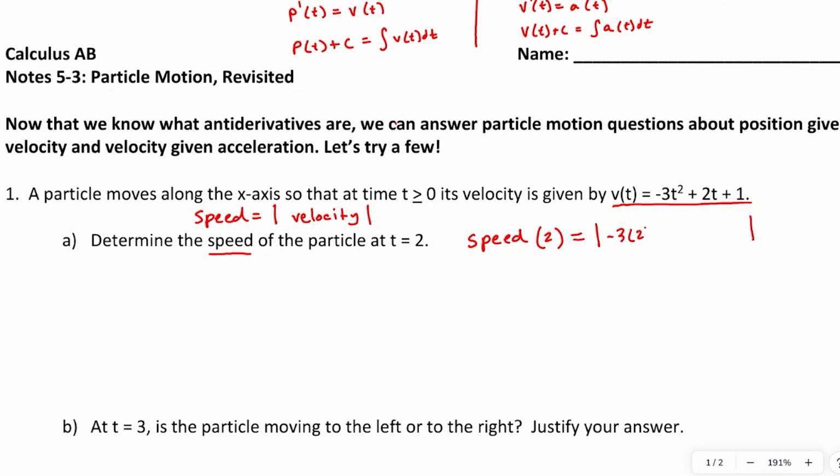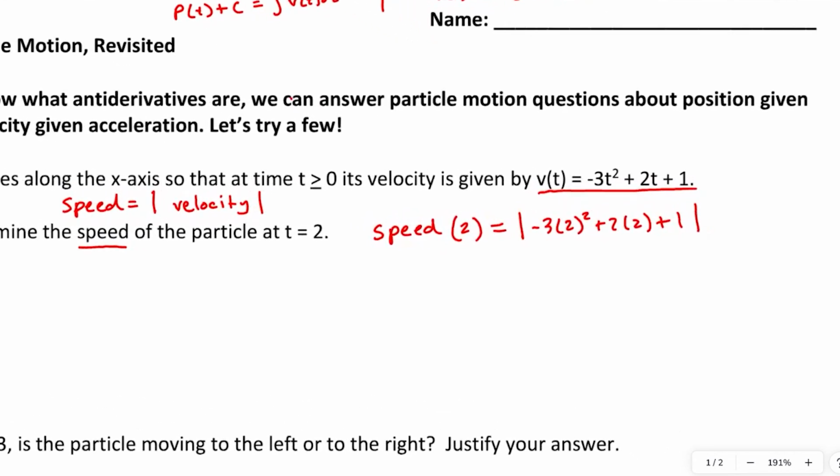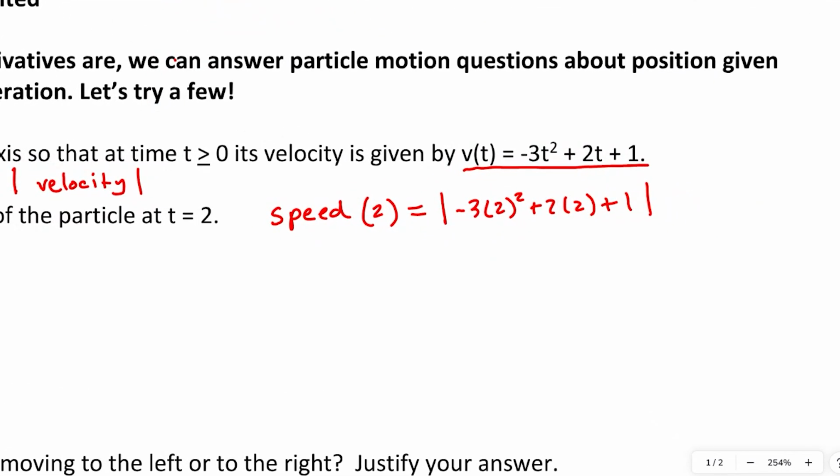So the absolute value of negative 3 times 2 squared plus 2 times 2 plus 1. At this point, we're just doing the arithmetic. Negative 3 times 4 is negative 12, plus 4 plus 1, so the absolute value of negative 12 plus 5, which is negative 7.